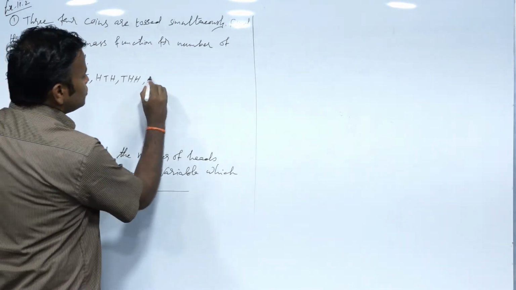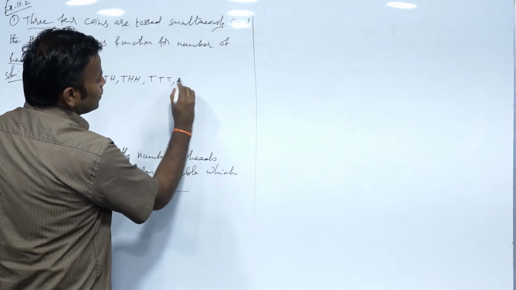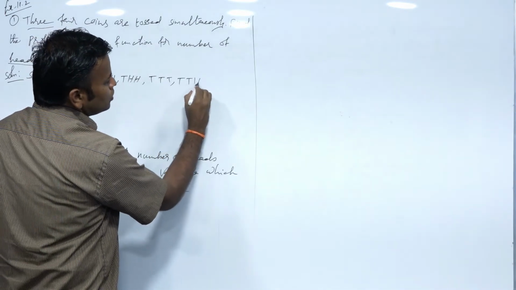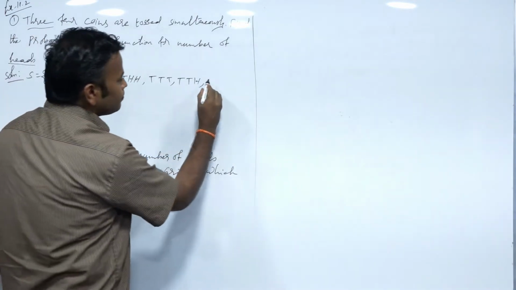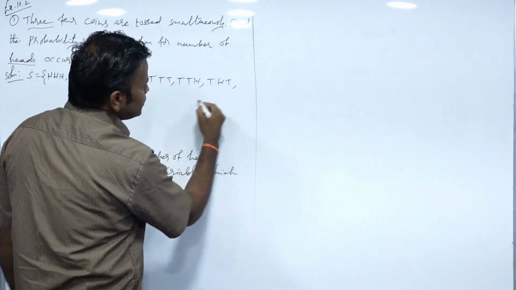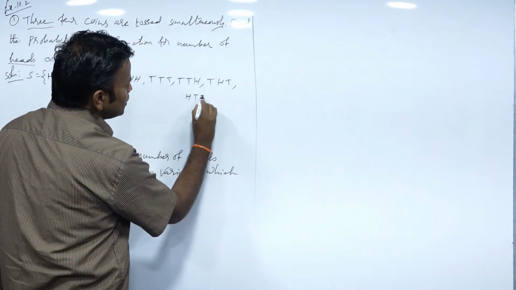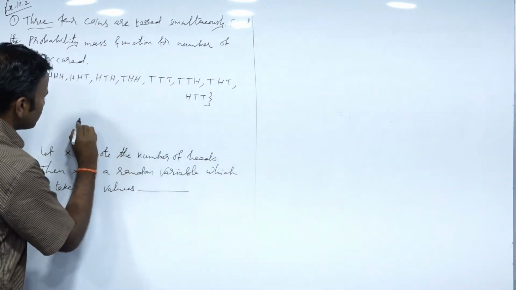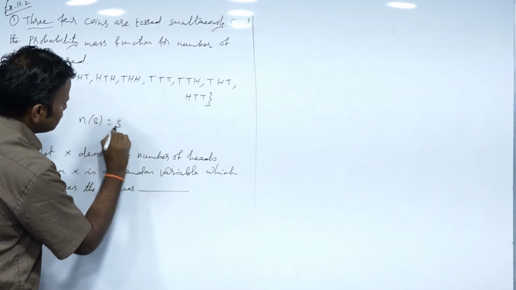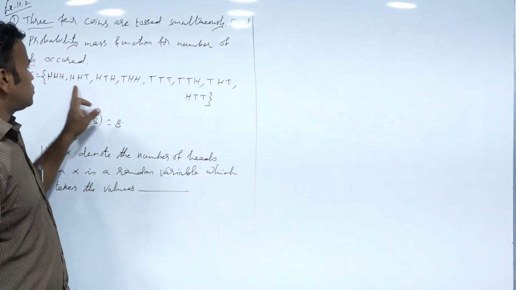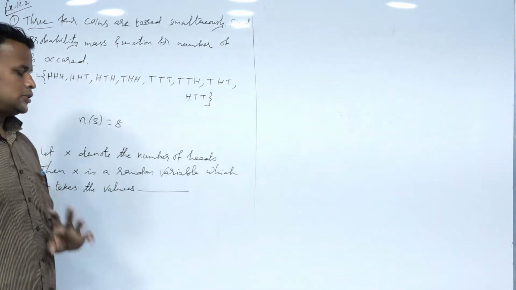Next, start from T, T, T. Then H is moved, T, T, H, T, H, T, and last is H, T, T. So n of S value is 8. 1, 2, 3, 4, 5, 6, 7, 8.